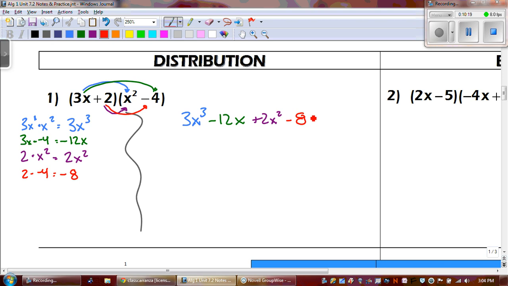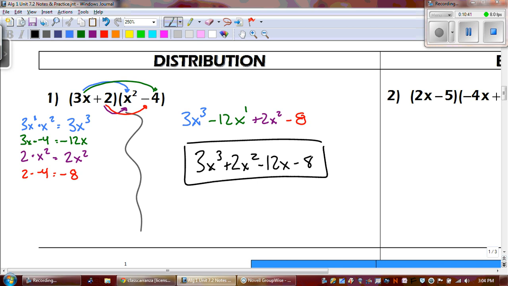Nope. Is that in standard form? No, because looking at the exponents it goes 3, 1, 2, can't do that. So let's rewrite it in standard form. 3x cubed comes first, then positive 2x squared, negative 12x, and then -8. Just be careful with your signs that you don't lose them.